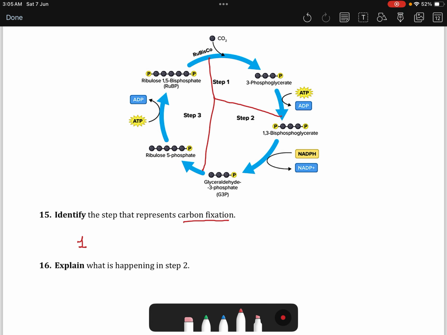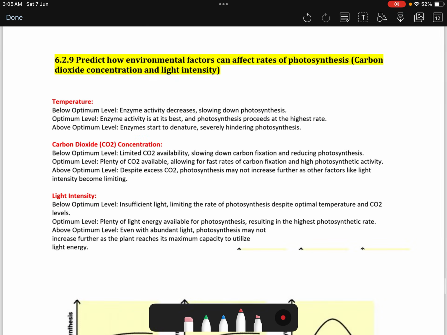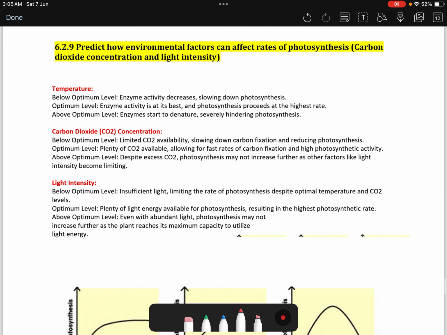Of course, this is step 1. Explain what happened in step 2. In step 2, the 3-bisphosphoglycerate is converted into a G3P molecule with the use of NADPH, and that's it. So this is how you will say what's happening in step 2, but you can learn it from the answer key of the IPQ.